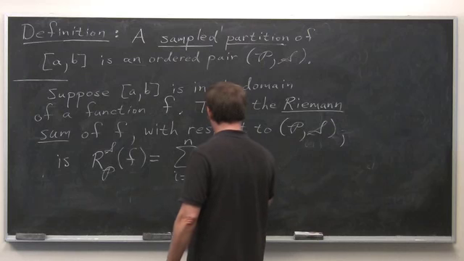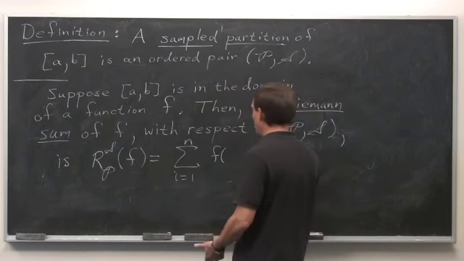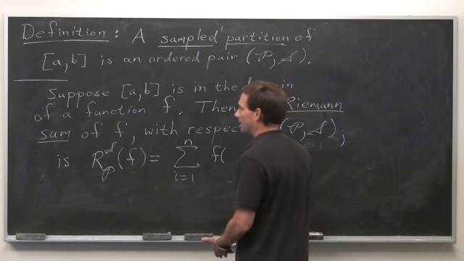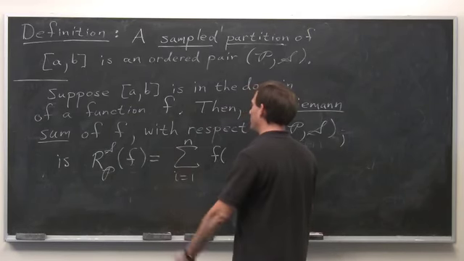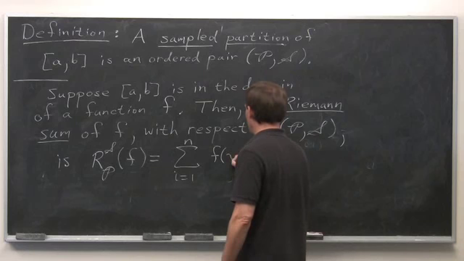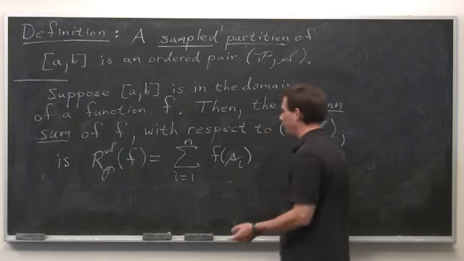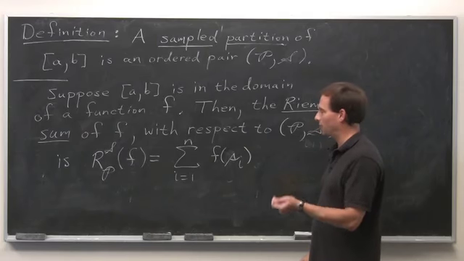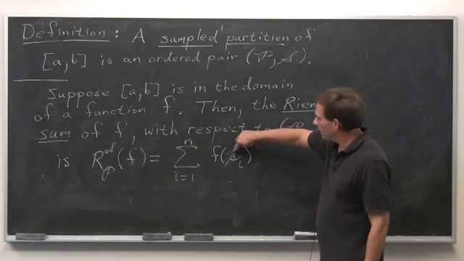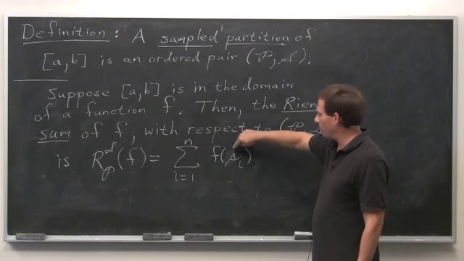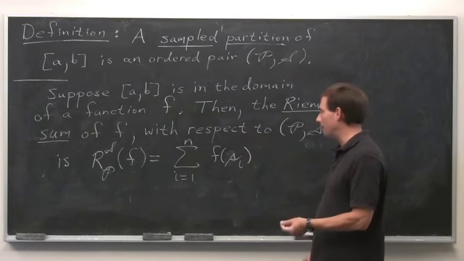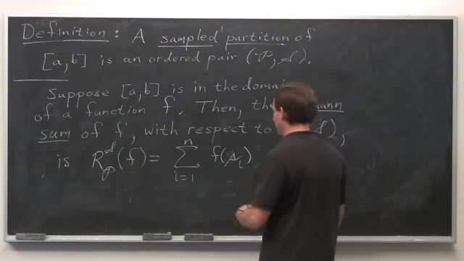You evaluate your function. For us, it was the velocity. The x_i's were the t's, but the t's in our example at which we were given the times are actually the sample points, which I'm now calling s sub i.